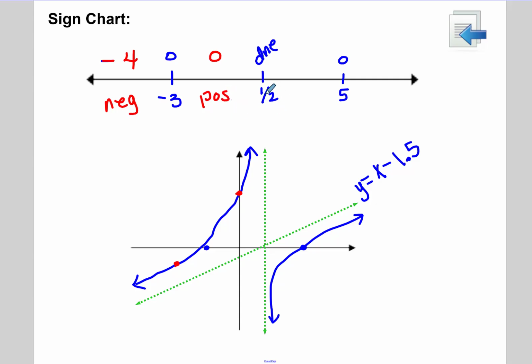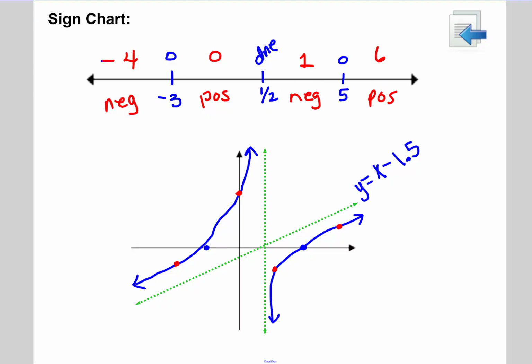If I tested a number to the right of a half, say 1, I'm going to be negative down here. And if we tested 6, we would be positive. So now I know the behavior of the graph. It's below, above, below, above.